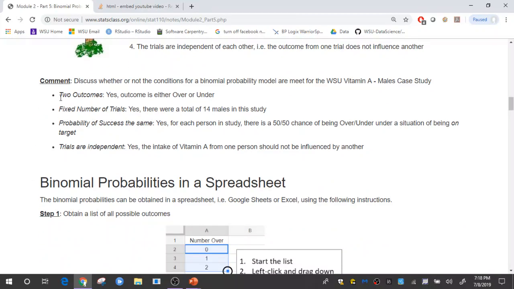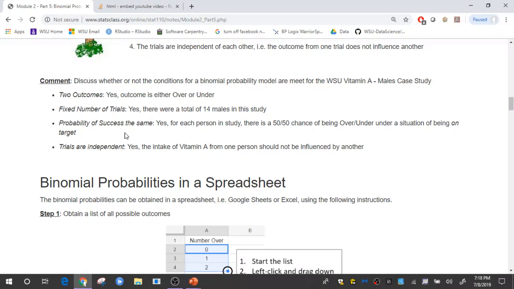So let's just real quickly discuss whether or not the assumptions are being met for the WSU Vitamin A male case study. So did we have 2 outcomes? We did. The outcome of interest was that they were either over or under their daily recommended intake. So one of 2 possible outcomes there. Fixed number of trials. We did. We had 14 males in our study, and that did not change. The probability of success is the same.